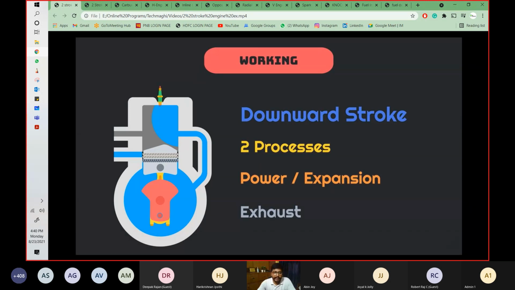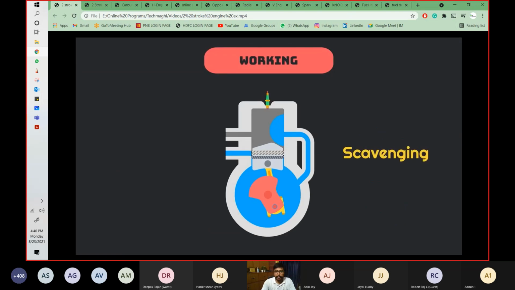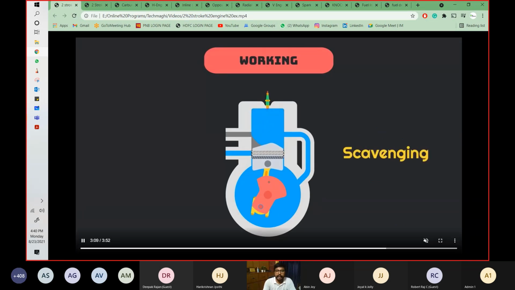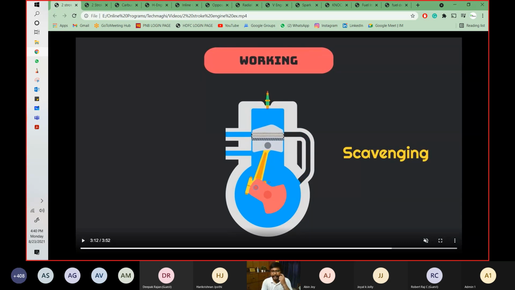Now again the upward stroke will start, and in this upward stroke, you see this fuel came inside, and now when this upward stroke is happening, you will see that some amount of fuel is going out from the exhaust manifold or from the exhaust port. So this is known as scavenging, or fuel scavenging, you can say.